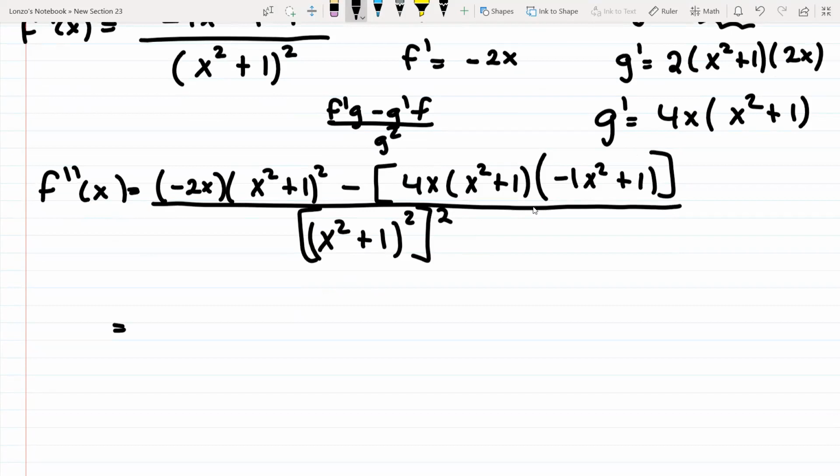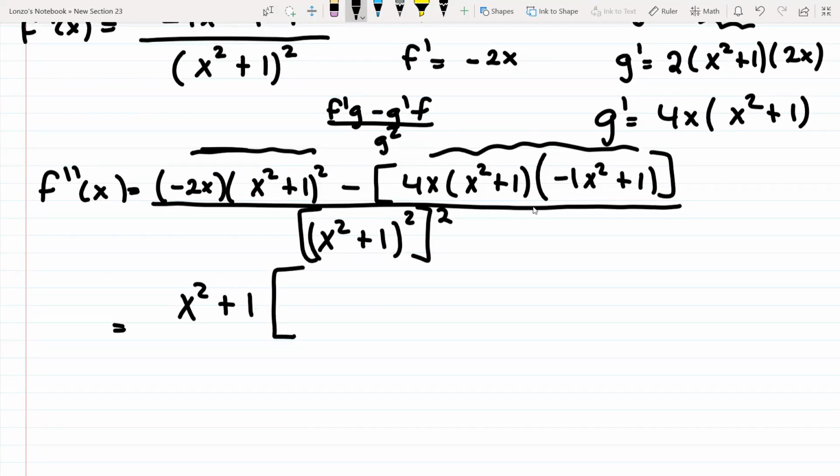What would I do? What I would do is simplify the numerator, but do you see something you could take out? I do. I think you can factor out x squared plus 1, because if you think of this as one term and this whole thing as one term, you definitely can take out an x squared plus 1, and I think you can only take out 1 right now.